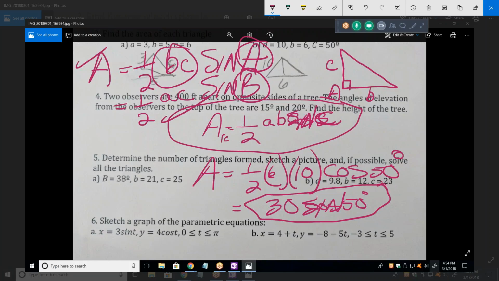So when you have a right triangle, its area equals 1/2 BC. Now, had I tried to prove I was right using cosine, well, the cosine of 90 degrees is 0. So I would have immediately known that cosine can't be right.